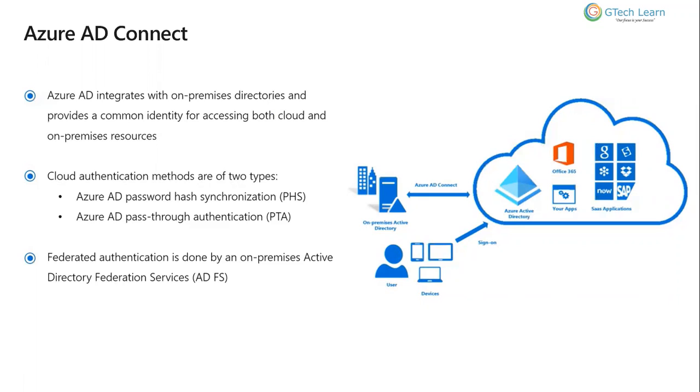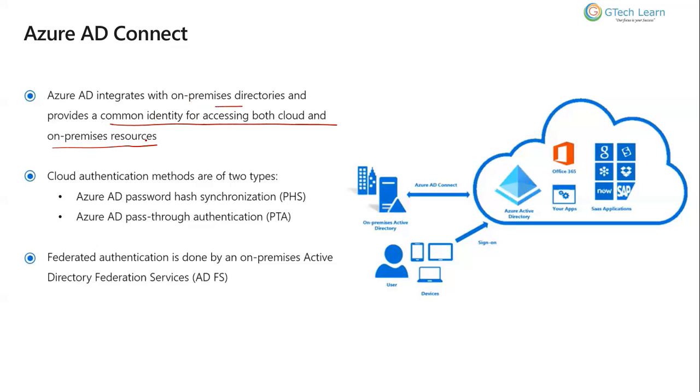So let's have a look at Azure AD Connect. Azure AD Connect is an on-premises Microsoft tool that will help us to integrate our on-premises directories, and it will provide a common identity for accessing both cloud and on-premises resources over there.